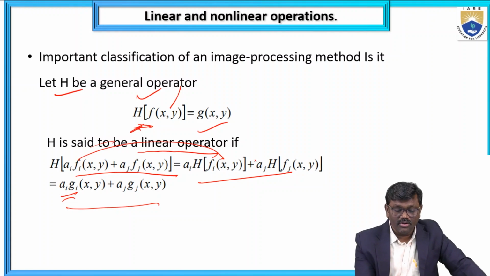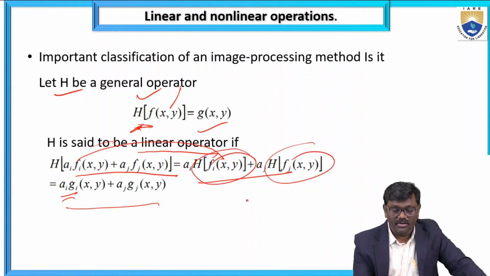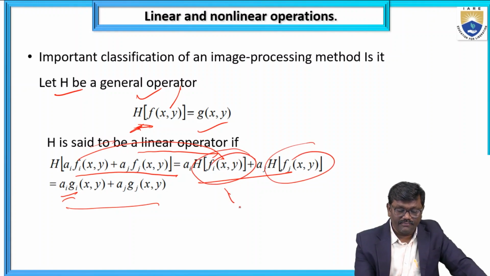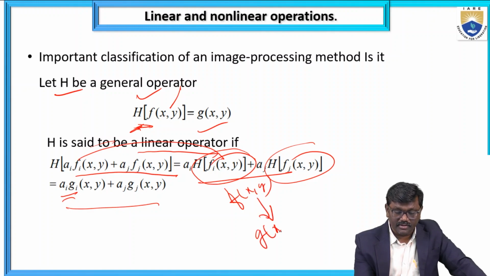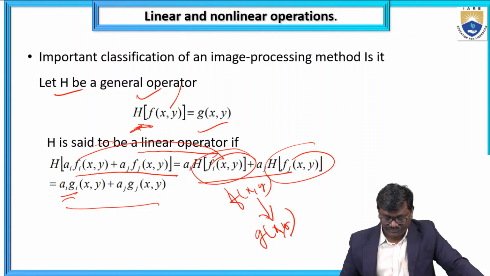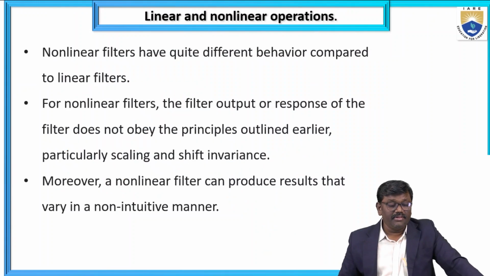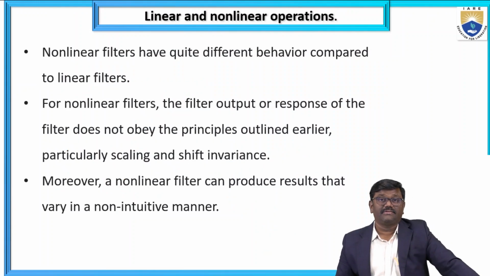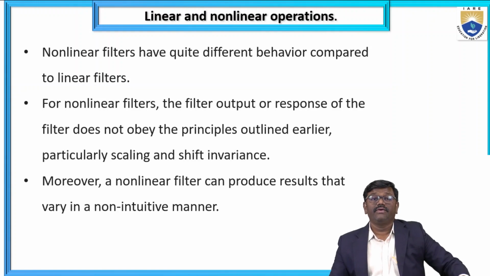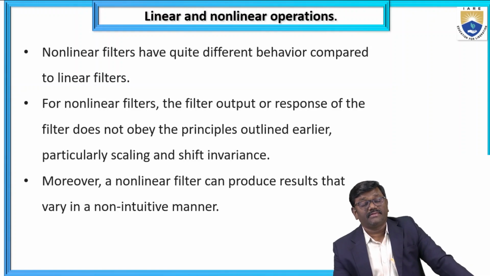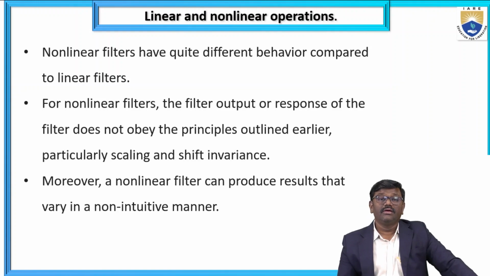You have your transformation from f of x comma y to g of x comma y. Coming to here, the non-linear filters we can use based on the behavior of your complete image contrast process.